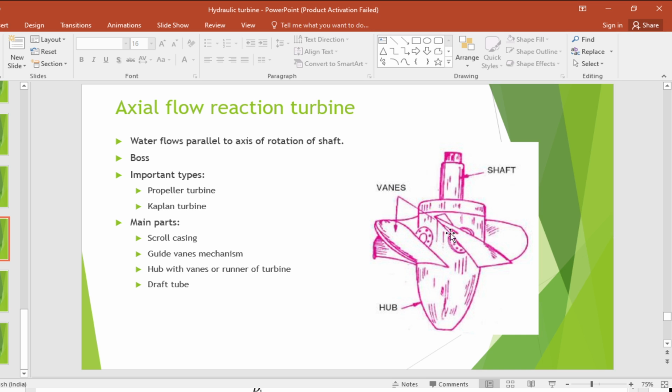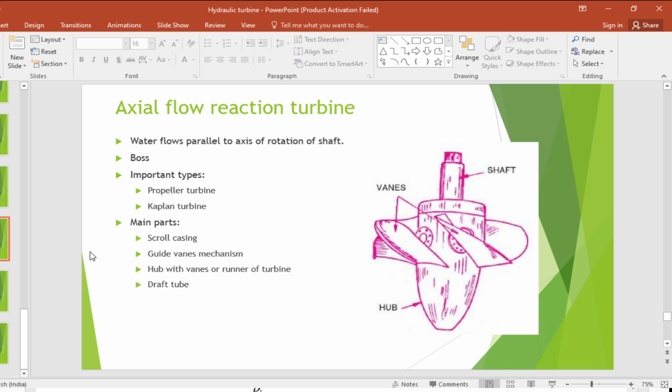Okay, now for this axial flow reaction turbine, again there are some important subtypes, in which first is the propeller turbine and second is your Kaplan turbine. Propeller turbine and Kaplan turbine, I'll explain.